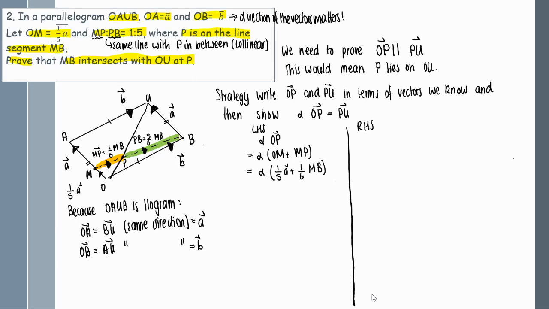And we know that MP is 1/6 of MB. Now here's my issue. I need to write MB in terms of just a and b. How can you get from M to point B? I know I could go that MB is equal to MO, so backward along minus 1/5 a, and then I can plus on OB, which is just vector b.